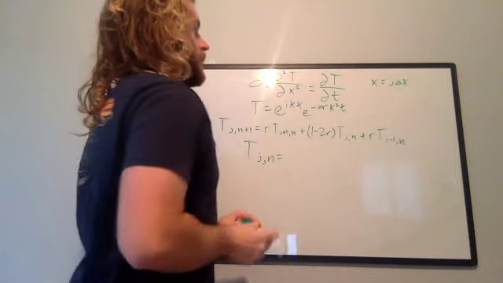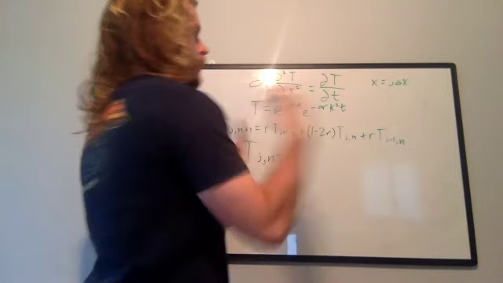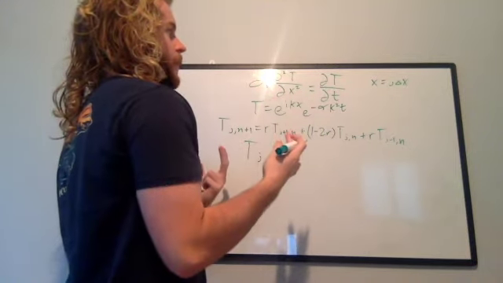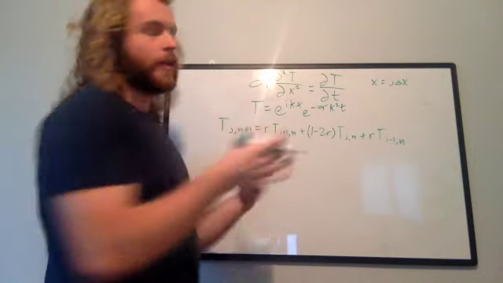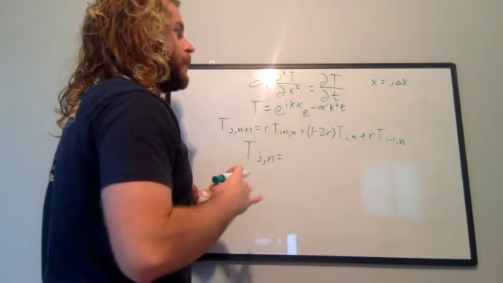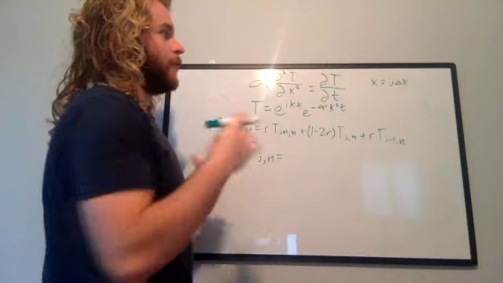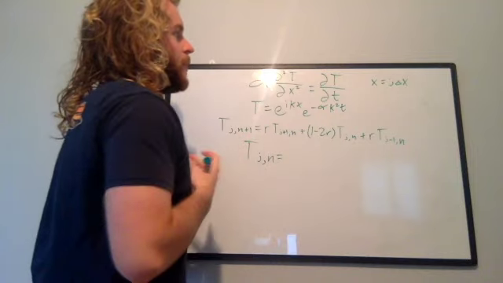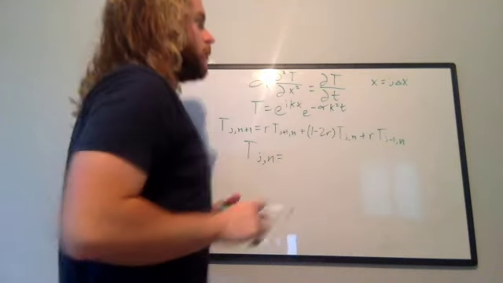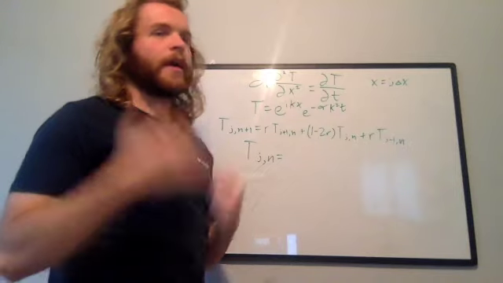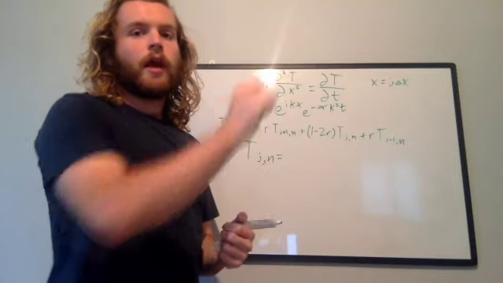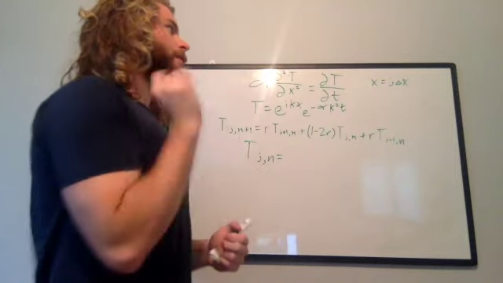All this is, x was the total length of the bar, and then we split that into a certain number of fragments. And in our case for the last video, we split it up into 20 fragments. And then this j was just used to account for which position, at which fragment, we're at along the bar.